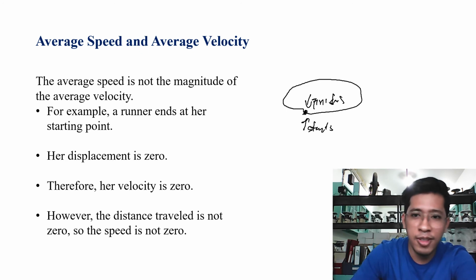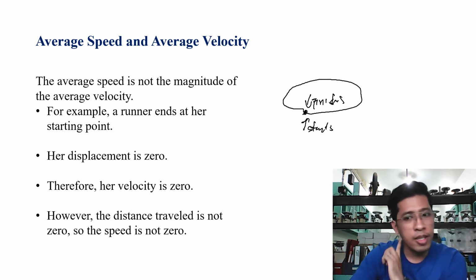Of course, the runner runs around this oval, so there is a distance that can be measured and a speed of the runner. But since she starts at the same point and goes around a loop, her displacement is 0 and her velocity is also 0.